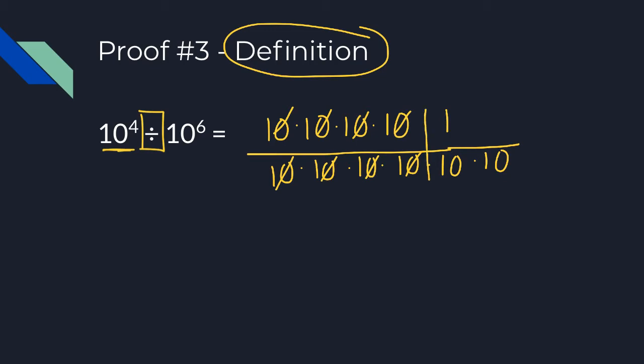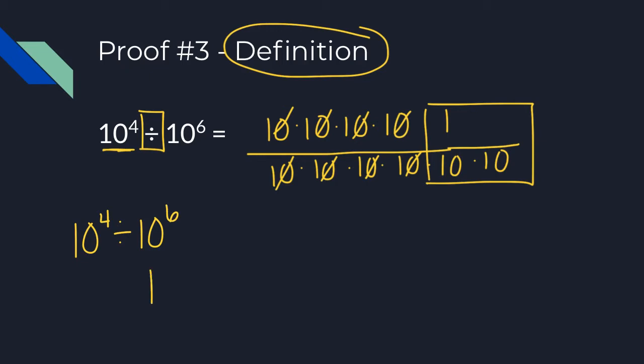So it looks like when I did 10 to the 4th divided by 10 to the 6th using my division rule, and I kept my base, subtracted my exponents, I got this. But when I use the definition, I got, oops, that's a 10.